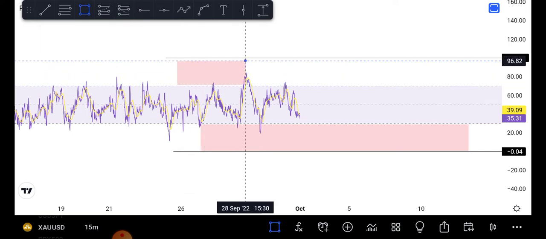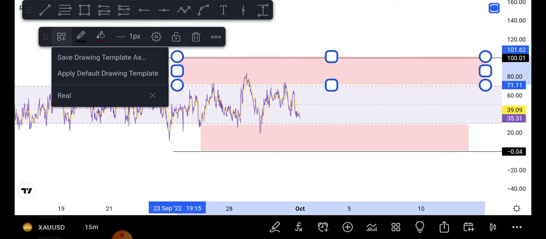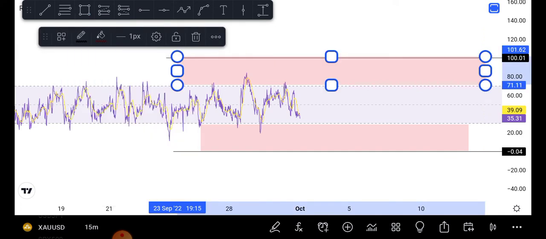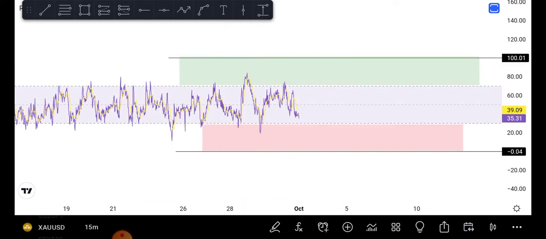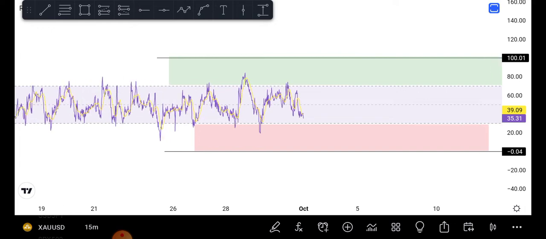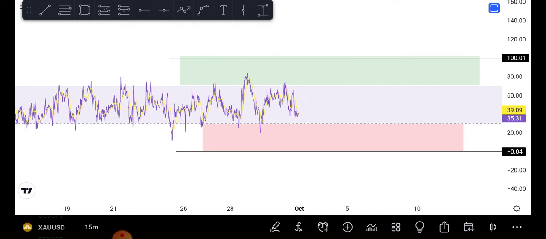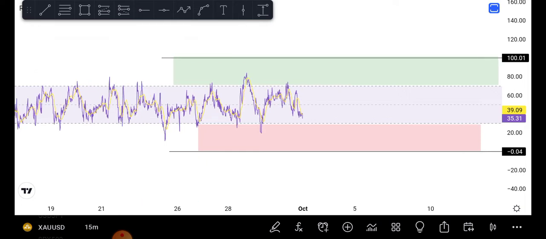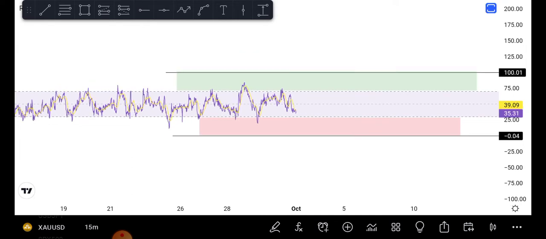Then whenever price comes to this zone here, that I'll make green, it means that the price is being overbought, meaning that the price is overvalued. At this red zone, below the middle zone, price is oversold, meaning undervalued. At the green zone, price is overbought, meaning overvalued.